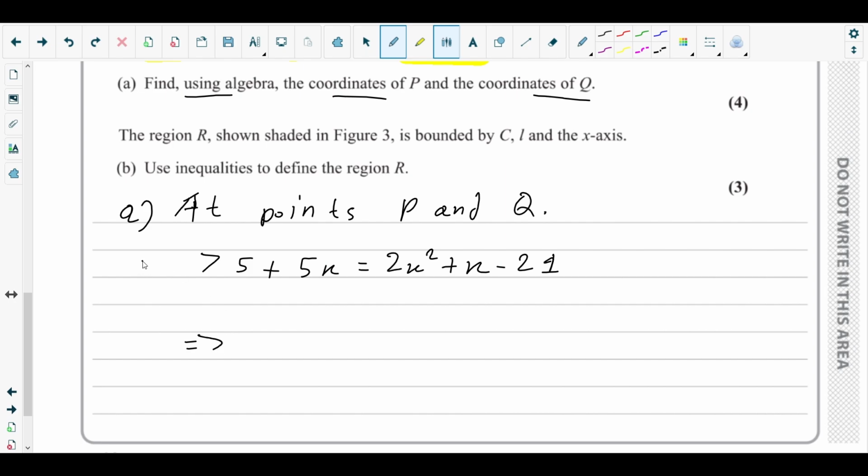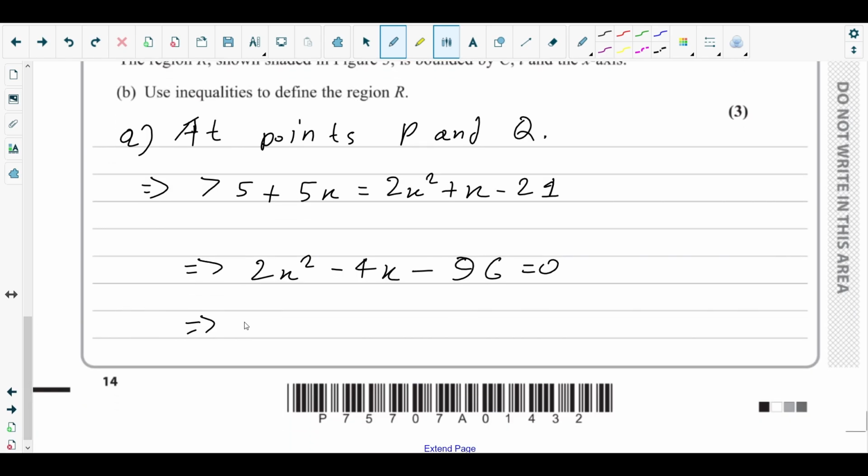Now what we can do is take all of the terms to the same side. Taking the terms from the left hand side to the right hand side, we get 2x squared plus x minus 5x, that means negative 4x, minus 21 minus 75, that means negative 96, equals 0. Now divide both sides by 2, so we get x squared minus 2x minus 48 equals 0. Now let's solve for x.